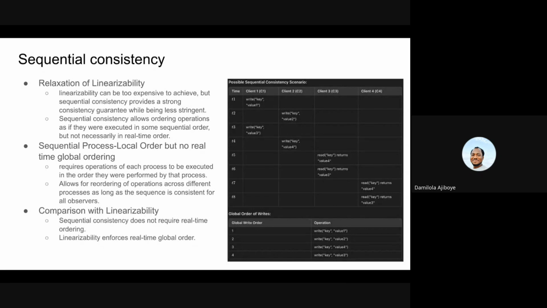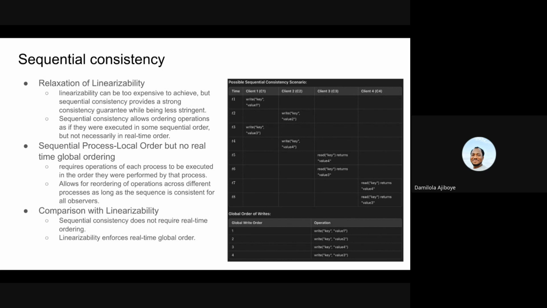The screenshot on the right is just showing what this looks like, and you can see the way the changes are observed in clients 3 and 4. Another important point is, even though it doesn't require real-time global ordering, it still requires that the order is consistent across all the observers in the network.